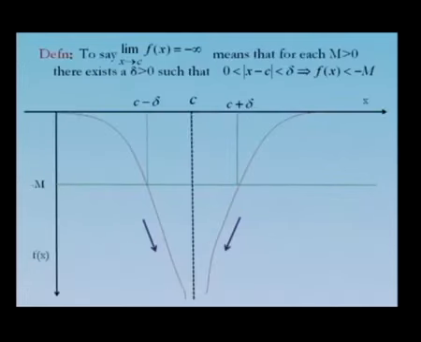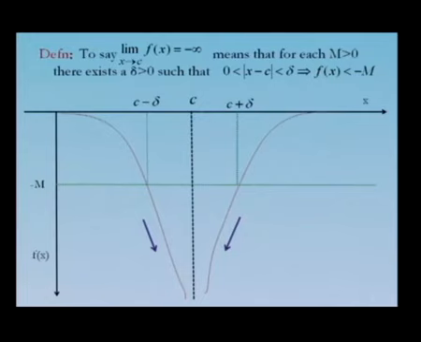Now to say limit x tends to c, f(x) equals minus infinity, we mean that for each m greater than 0, there exists a delta greater than 0 such that when |x - c| is between 0 and delta, then f(x) is less than minus m. So in this case, the function tends to minus infinity when x tends to c. Let us take some positive number m, then minus m is a negative number as shown in the figure.